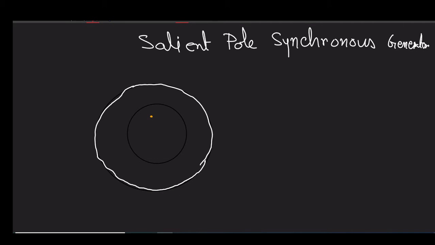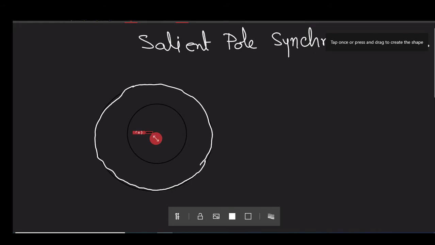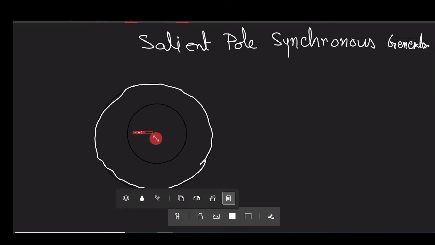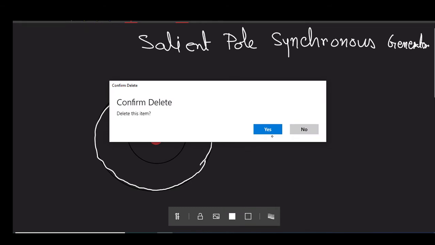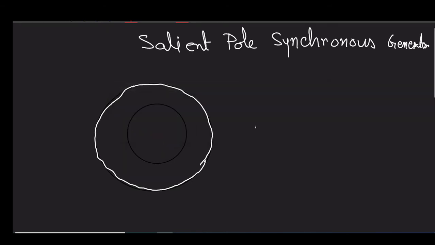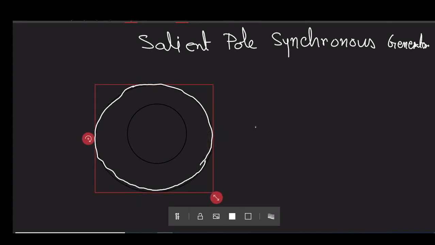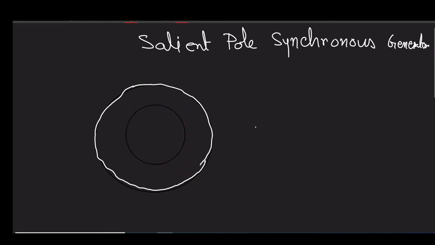Now, suppose you have a two-pole machine, the machine structure would be like this.